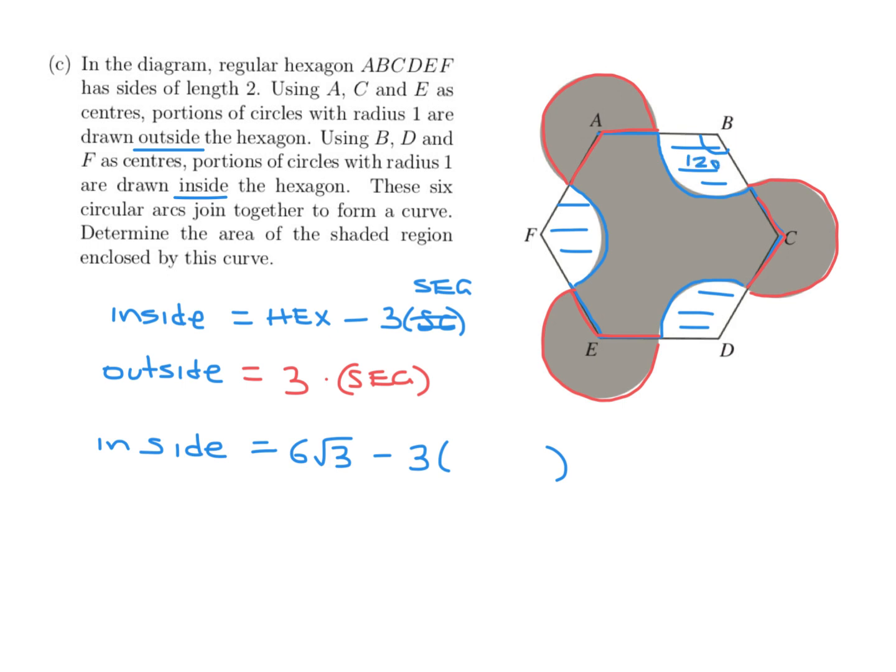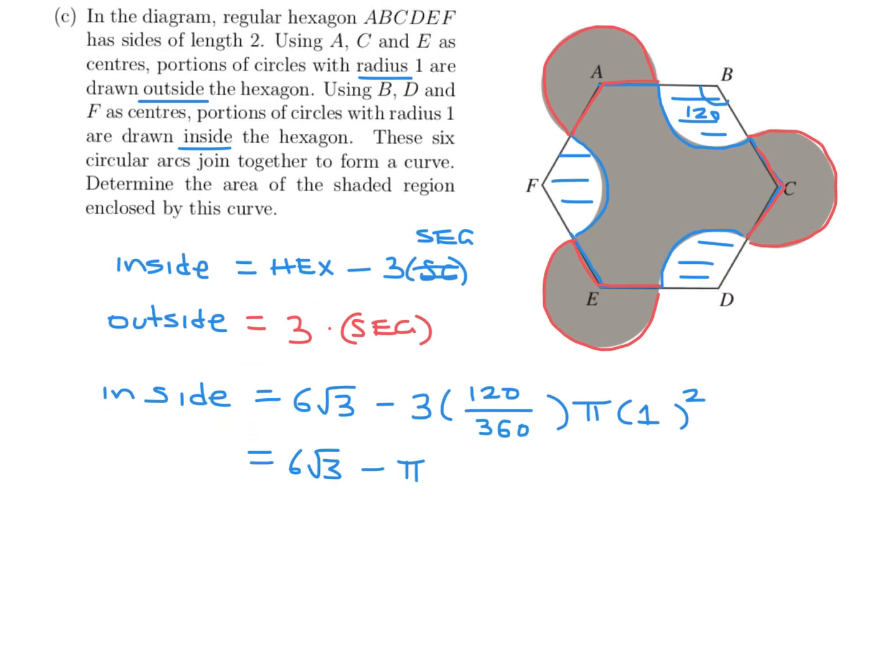So how do you figure this out is it's 120 degrees of the 360 degrees of a circle, and then the area of the circle, which in this case is pi r squared, and the radius is 1. So that's how you'd figure out those segments. So let's just do this. This is 6 root 3, and I think this is just pi. Yeah. Okay, so that's pretty straightforward.